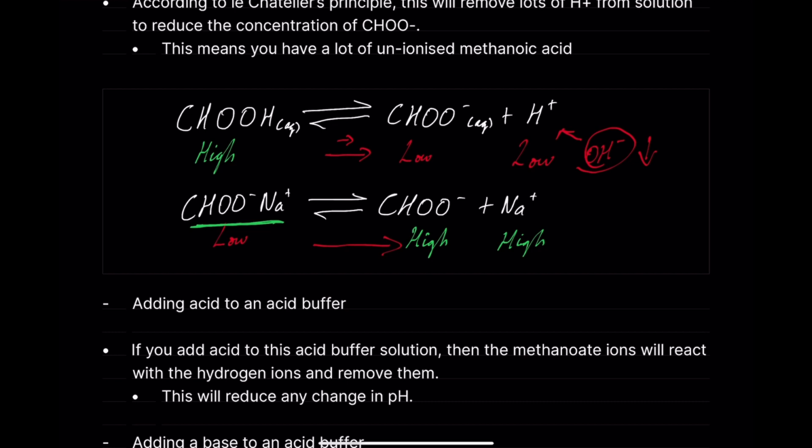So OH minus is reacting with H plus, which reduces the concentration of OH minus as it forms water, but also decreases the concentration of H plus. As it decreases the concentration of H plus, that causes the equilibrium to shift to the right to increase the concentration of H plus, and that would obviously decrease the concentration of our methanoic acid in our solution.